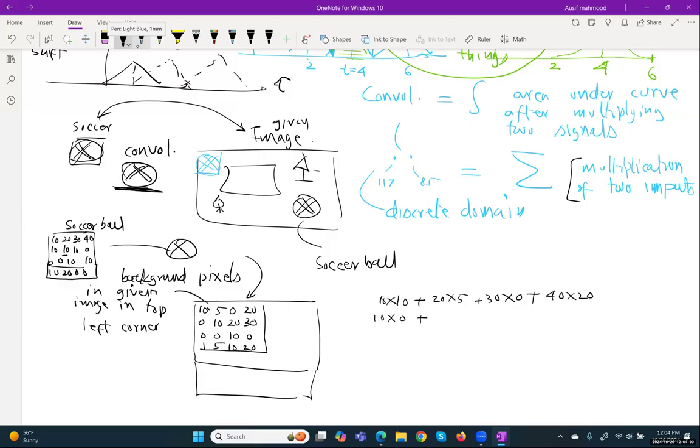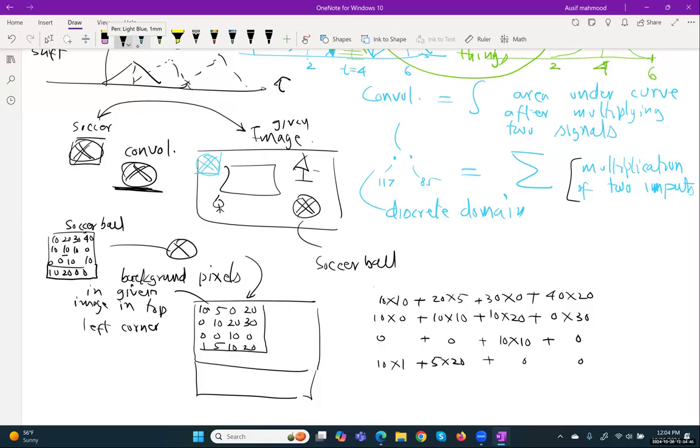Then 10 by 10, plus 10 by 20, plus 0 times 30. I go to the third row. This is 0, this is 0. 10 times 10, this is 0. I go to the last row. 10 times 1 plus 5 times 20, and then 0 and 0.